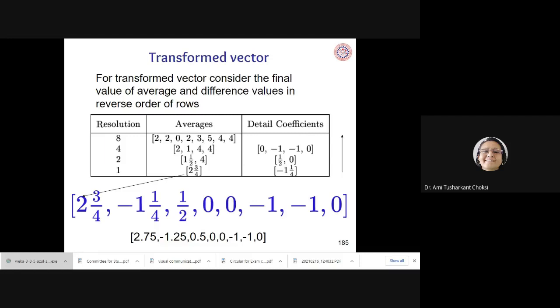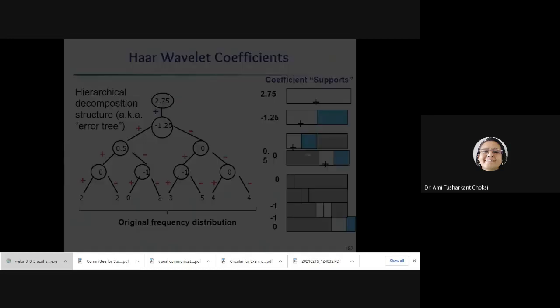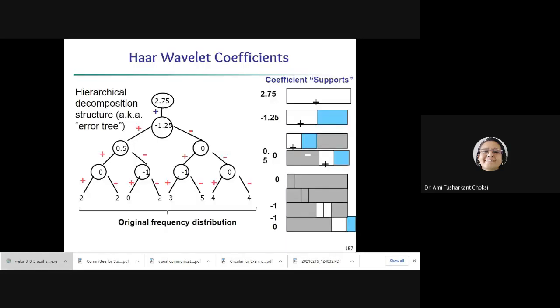Now, our wavelet coefficients, whatever vector we get from the wavelet transformation, we represent in the form of a hierarchical decomposition structure, also known as the error tree, right?